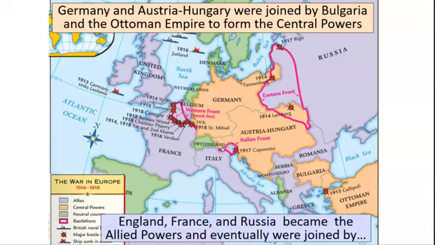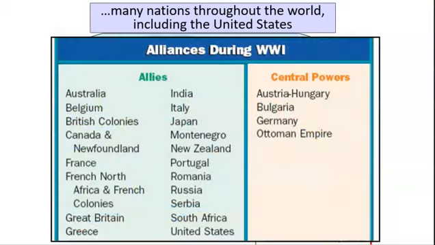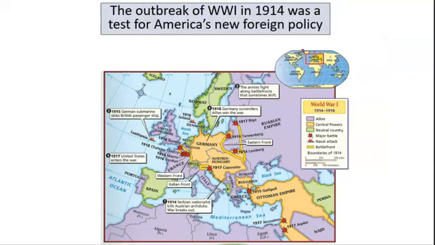England, France, and Russia become the Allied powers, and they're eventually joined by most of the countries around the world, including the United States. This is kind of just the rundown of the list.